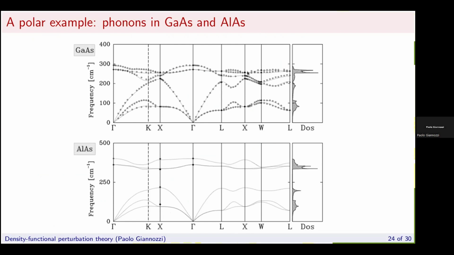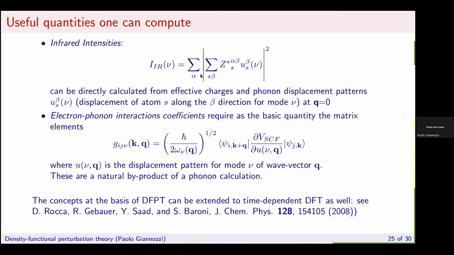If you do phonon calculations in gallium arsenide and aluminum arsenide without taking into account the macroscopic electric field at Q equals 0, you will find everything looks good except at gamma, at Q equals 0, where you have wrong results. Now, what can one do in addition, once you have the phonon modes? With the phonon modes, the phonon displacements and frequencies, you can immediately compute something that is directly observable.